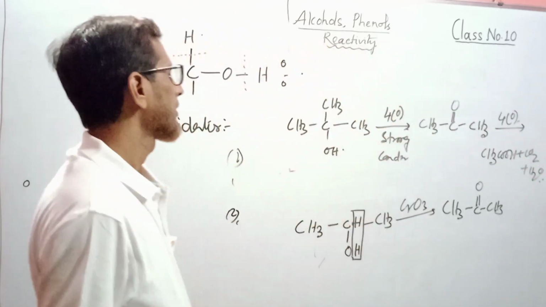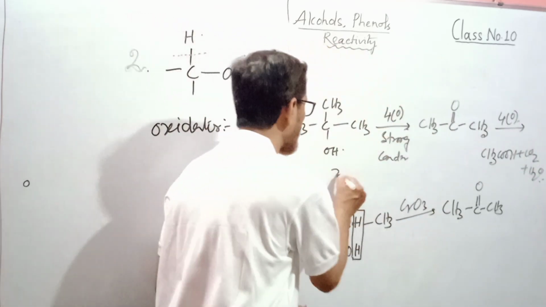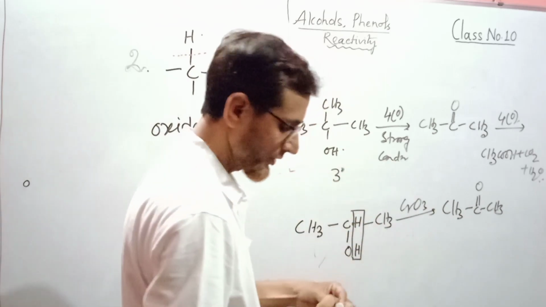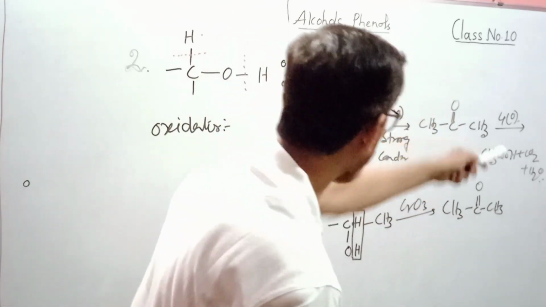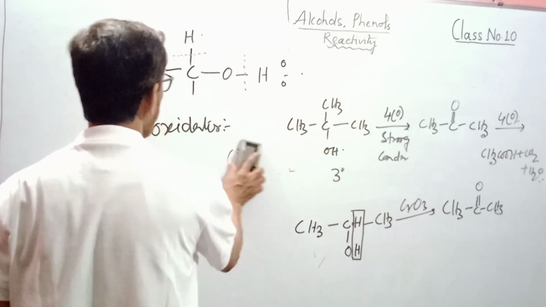In general, 3 degree alcohol is oxidized under strong and drastic condition finally into carboxylic acid, carbon dioxide and water.